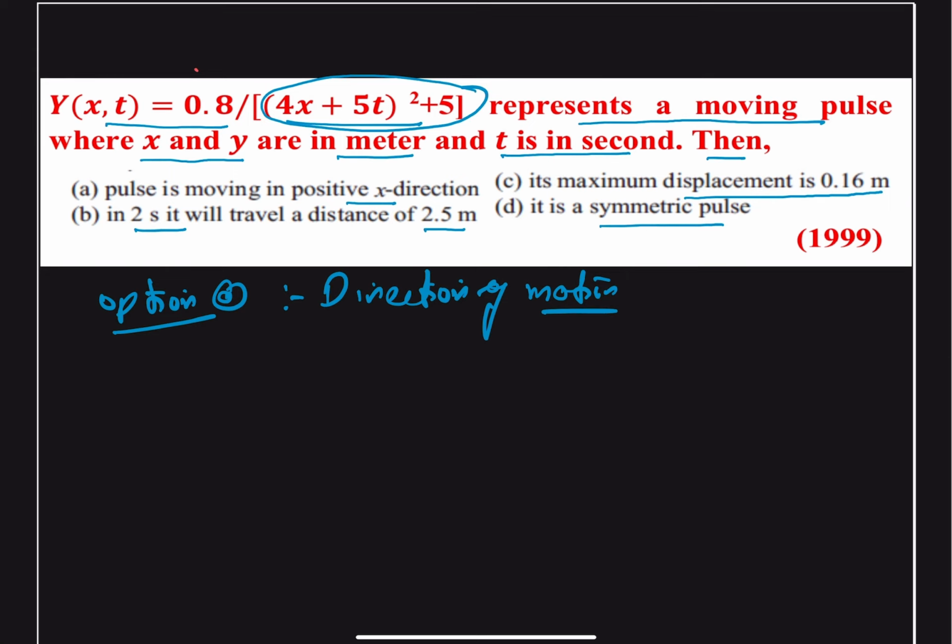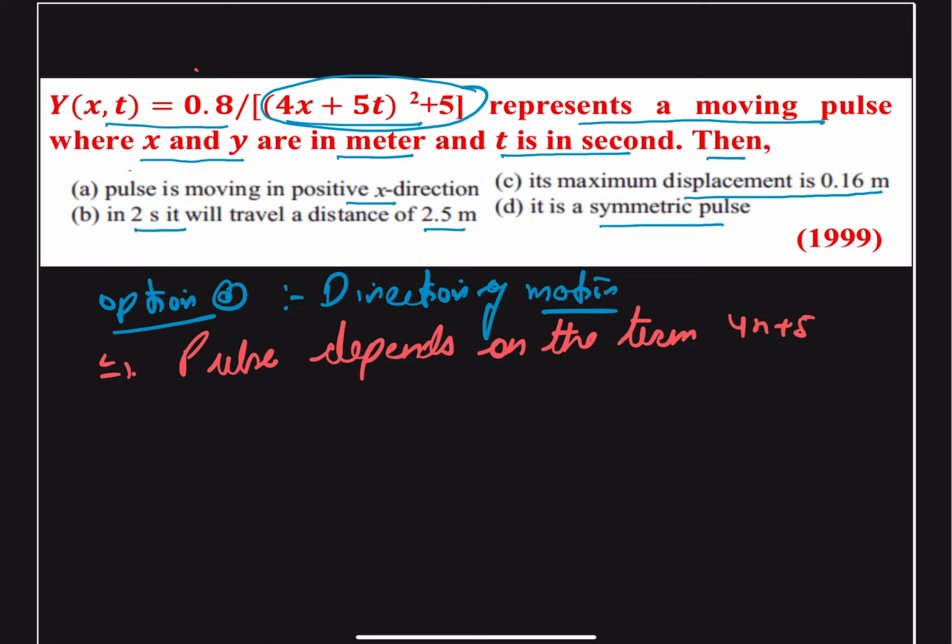We can say that the pulse depends upon the term 4x plus 5t, because it consists of our displacement part, that is x, as well as a time dependent part.